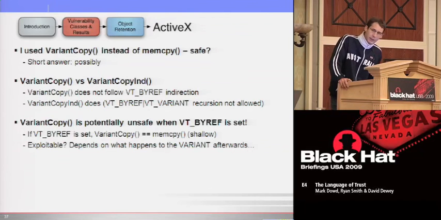So if you pass a variant to some function that tries to retain a copy of it by using variant copy, and the variant you pass has VT byref set, then you have potential problems there because basically this will equate to a mem copy, and the object that you're indirectly pointing to can be released, and that would probably be bad. Whether it's exploitable or not sort of depends on how they operate on the variant afterwards. It's dependent on whether they actually follow the indirection and operate on the object for you.